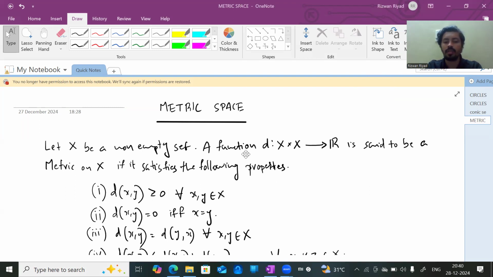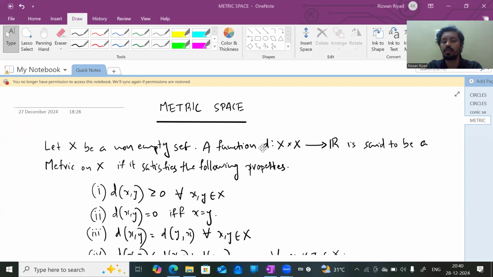A function d from X cross X to R is said to be a metric on X if it satisfies the following properties. Okay, so we have a non-empty set X, and we have a function from X cross X to R. That means from the Cartesian product of X with itself to the set of real numbers.